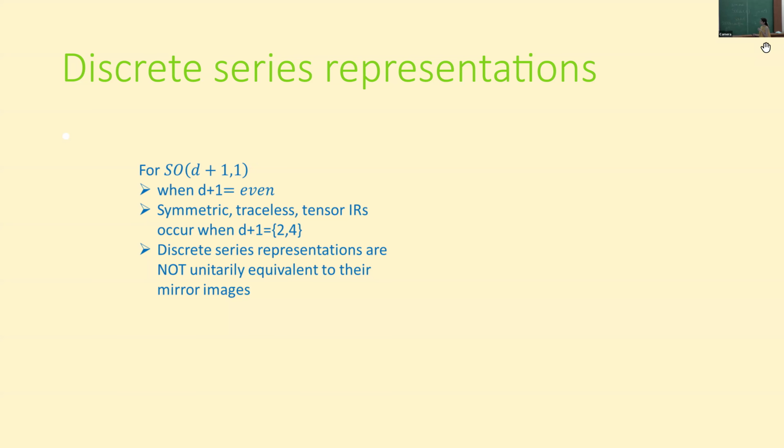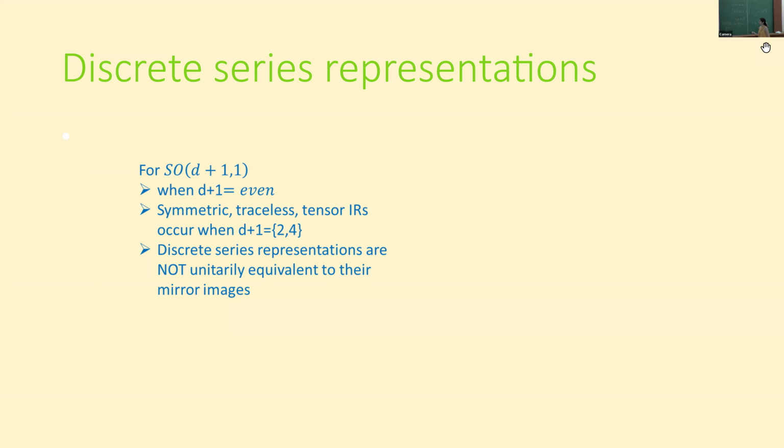You can only have them in 2 or 4 space-time dimensions. And under the transformation with this intertwining, the shadow transformation, in the complementary series case, the representation and its shadow are equivalent, but in the discrete series case, they are not. And this is the plus and minus categorization.